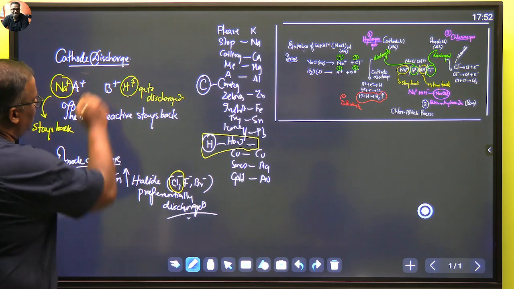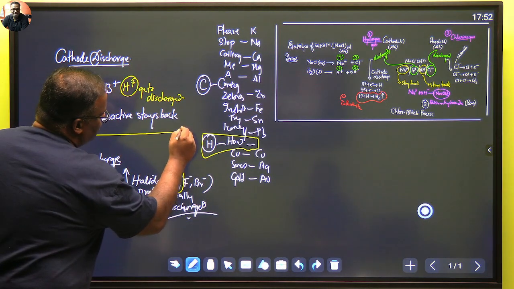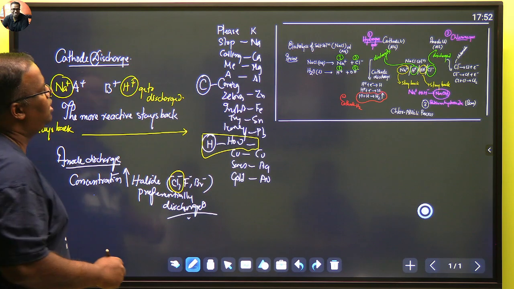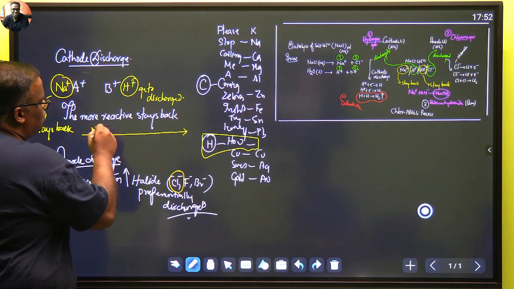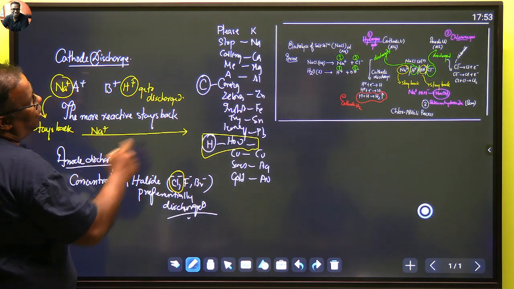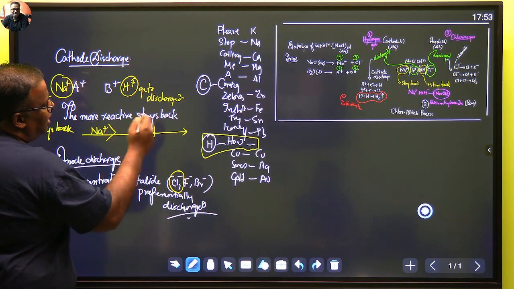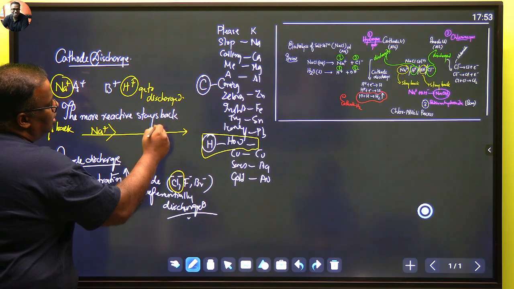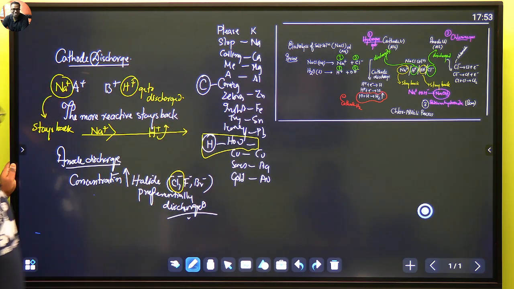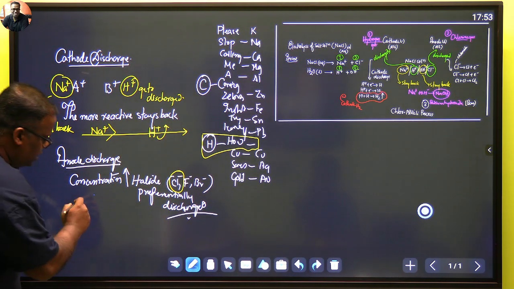So if I make a progress chart out here, what will I see? I will see that if you have, say, sodium plus, they're all much more reactive than hydrogen. Anything which is more reactive than hydrogen, then hydrogen will be released. As simple as that. Here there is another story.